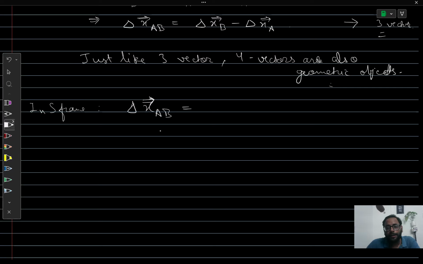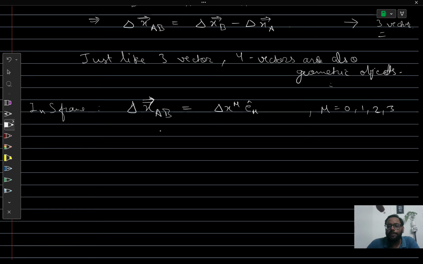You can write it like x mu, and in any particular representation it should be like this, and there should be a cap. Yeah, now it is fine. It is a four vector. Why is it a four vector? Because mu runs from 0, 1, 2, and 3.